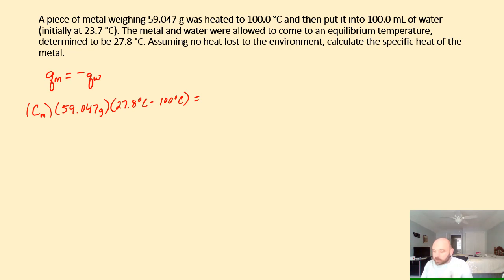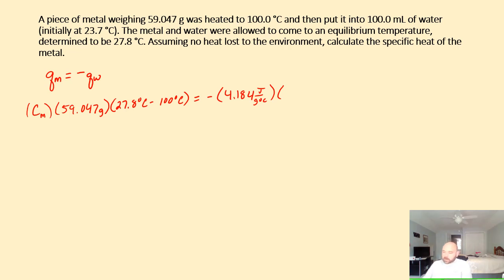And then for the water, we have negative. The specific heat of water is 4.184 joules per gram degree Celsius. The mass of the water here, again, they kind of test our knowledge that 1 milliliter of water has a mass of 1 gram.